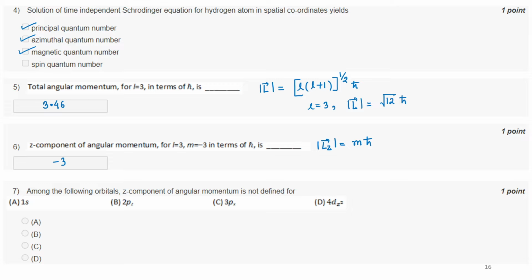Now question number 7, among the following orbitals, the z component of angular momentum is not defined. See, this is a very important question.